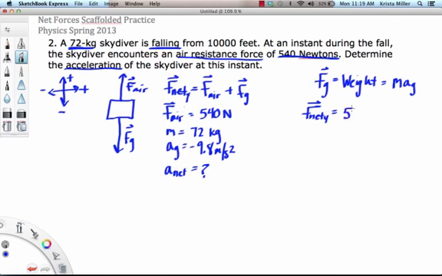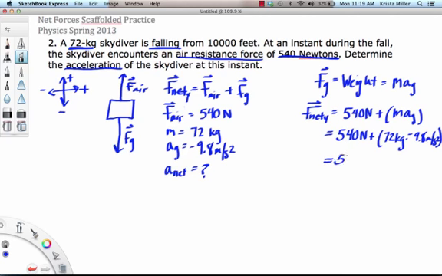Now, we don't know what the force of gravity is, but we know the equation is mass times acceleration due to gravity. So let's do the math to figure that out. 540 newtons plus 72 kilograms times negative 9.8 meters per second squared.